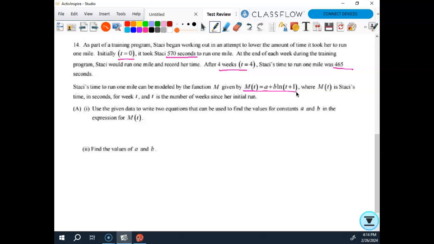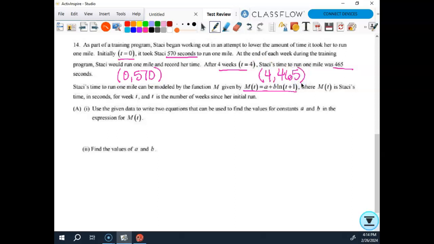All right, so we are going to use the given data to write 2 equations that can be used to find the values for the constants A and B in the expression. That means my ordered pairs here are 0, 570, and 4, 465.